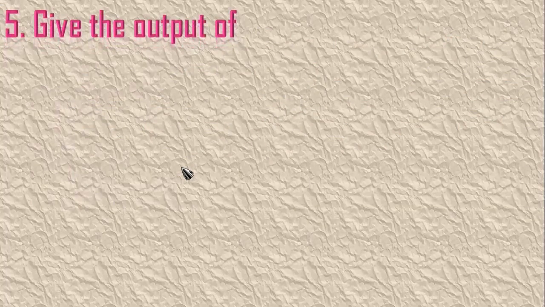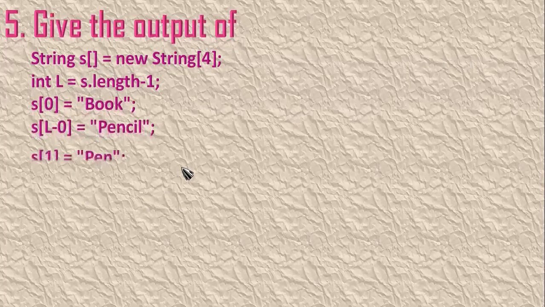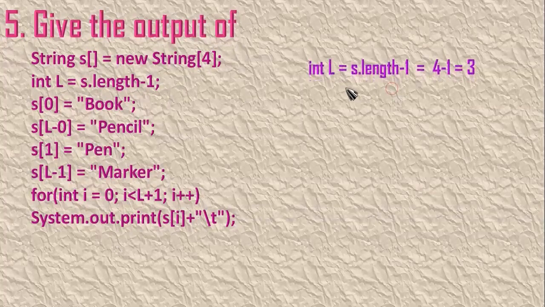Next question, give the output of the code given here. Here you can see an array is given. So L is S.length - 1, so we have to find what L is. So 4 will be the length, minus 1 will be 3.